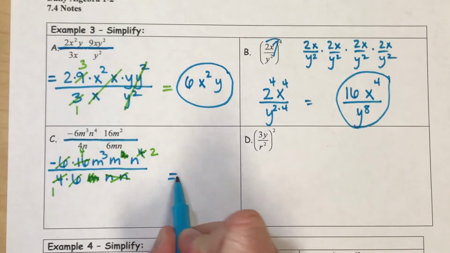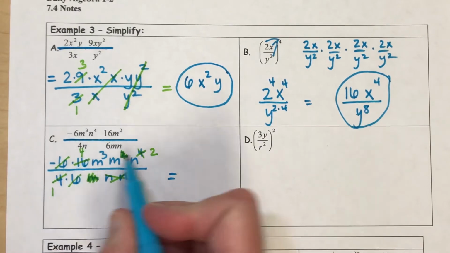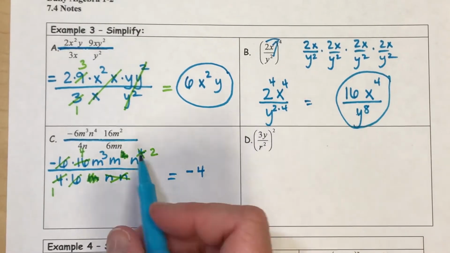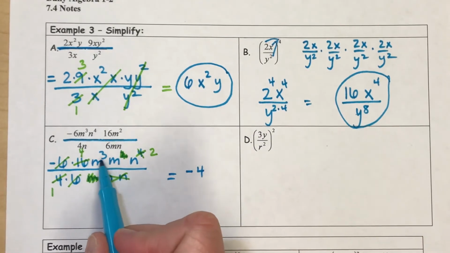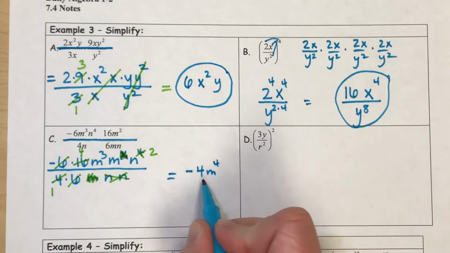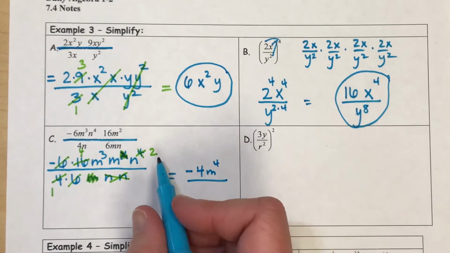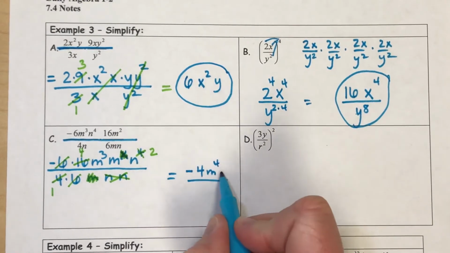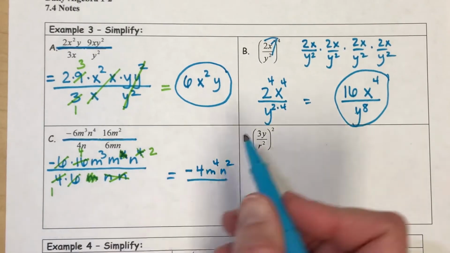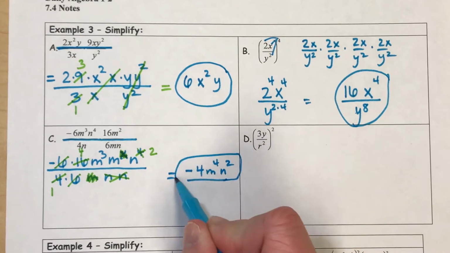So let's see what we have. This got canceled here, but I do have my negative sign out front. And then I see I have m to the 3rd, and I canceled this here, so m to the 4th. And then n here squared. Looks like my denominator completely canceled out, so I don't really need to write over 1.